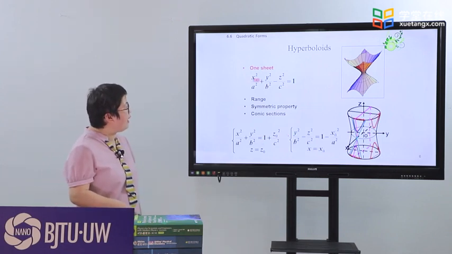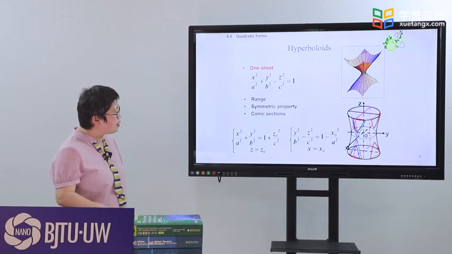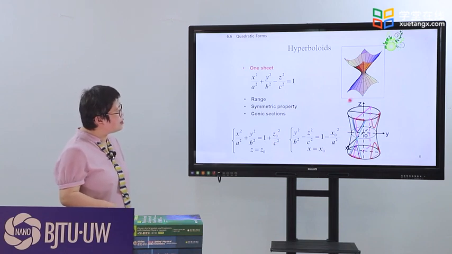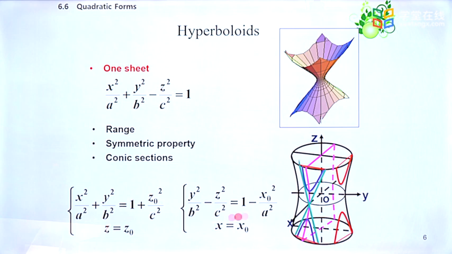And if you use x equals x0 to intersect with this hyperboloids, you can have this conic section. So see this conic section, this is a hyperbola, as its conic section.